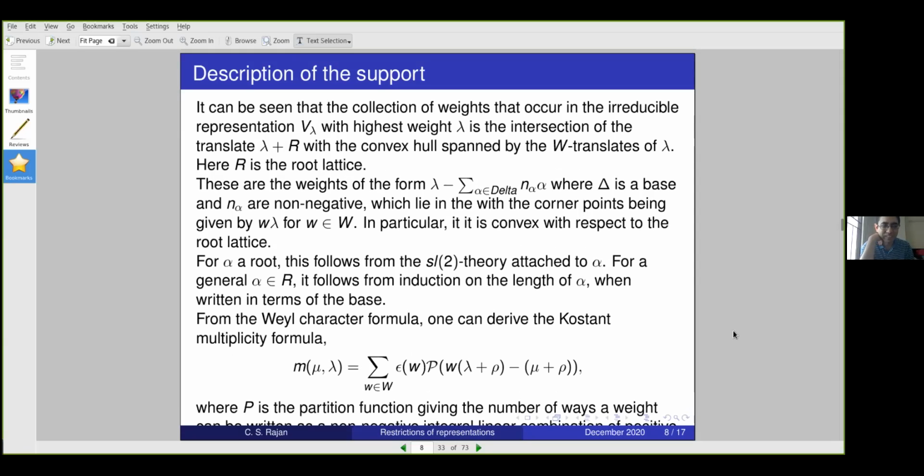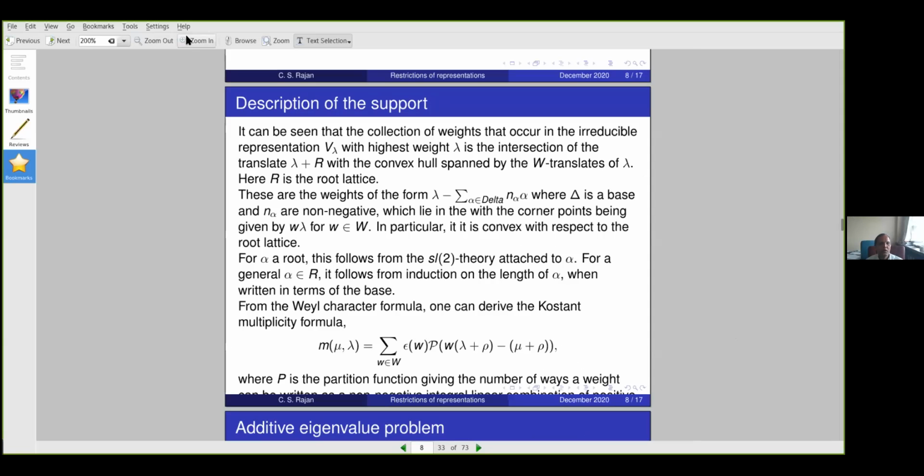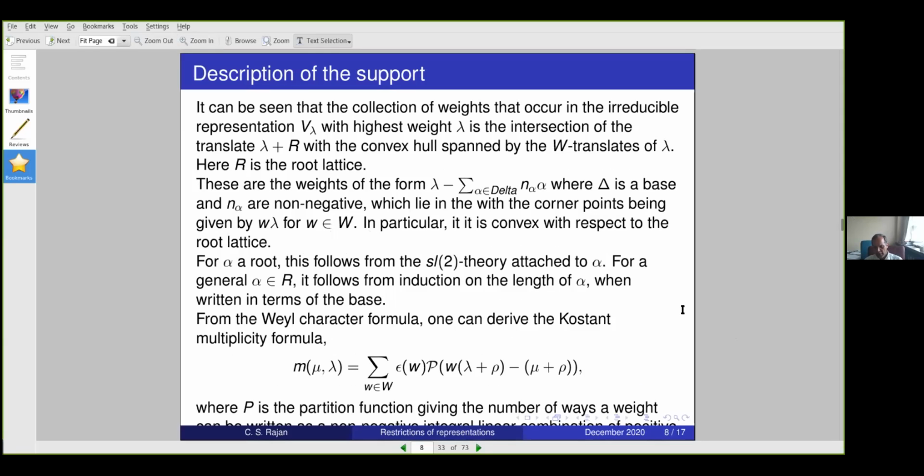Anyway, people know this, but the point is that this partition function gives you the number of ways a weight can be written in terms of the non-negative roots. But this formula does not seem to be of much use, is all that I want to say.